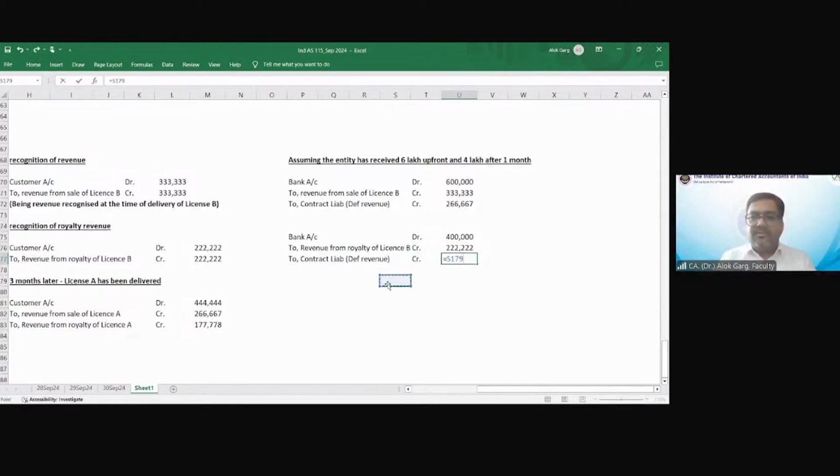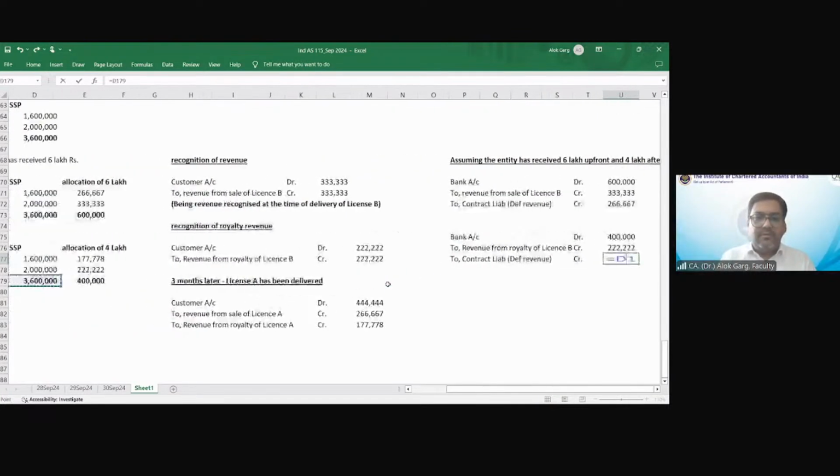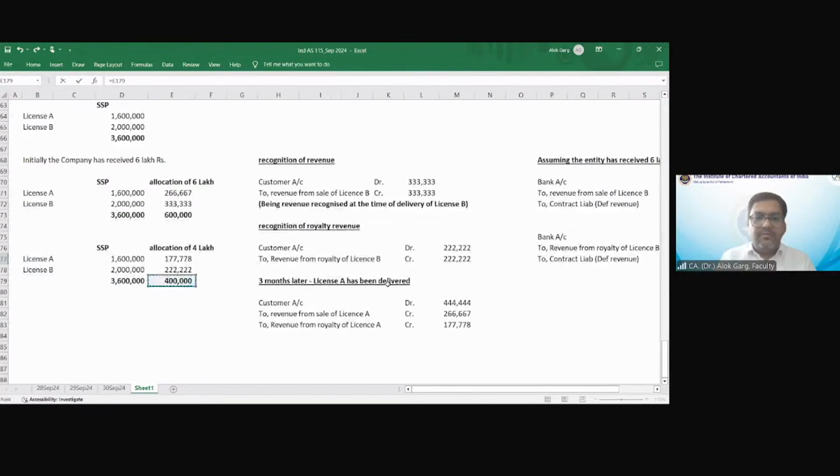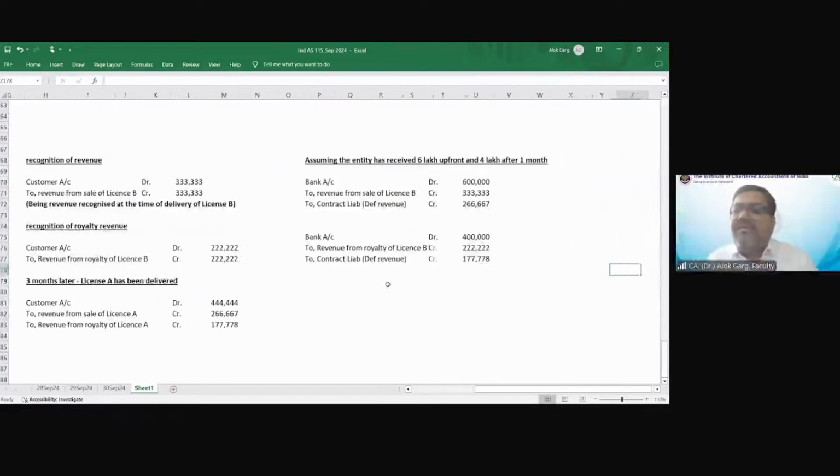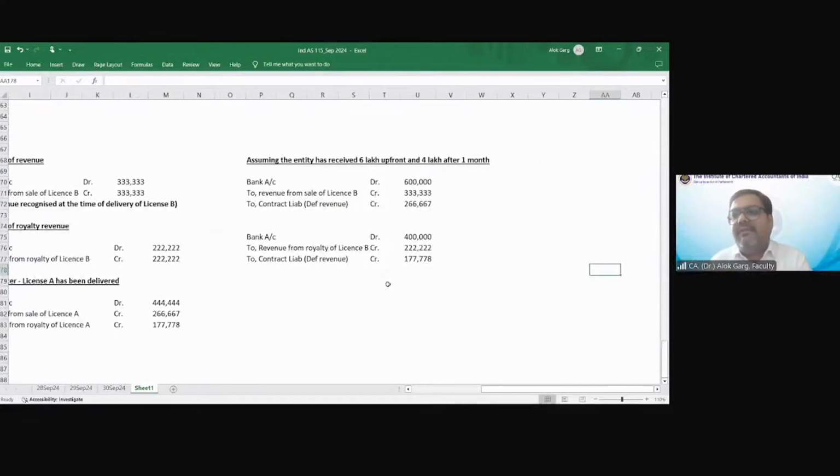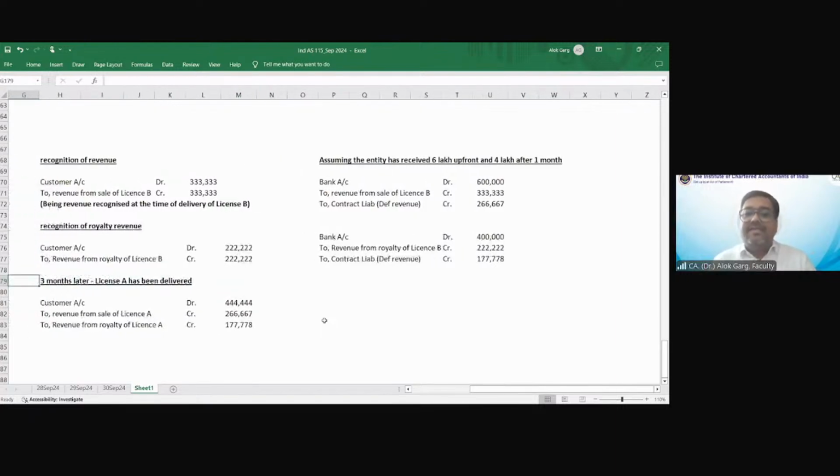Yes, you are right, Stephen. It is nothing, it's an advance from the customer. So in Ind AS 115, it is considered as a contract liability. After 3 months, when license A will be delivered, then contract liability will be debited.